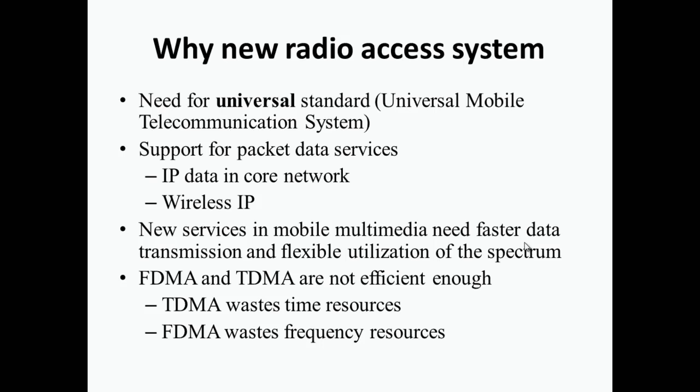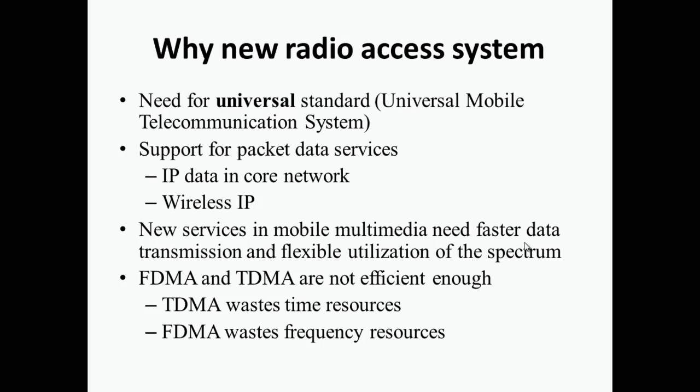But our previous technologies do not provide faster data communication, and the use of the spectrum is also less efficient. For example, frequency division multiple access and time division multiple access have the following limitations: TDMA wastes time resources and FDMA wastes frequency resources.